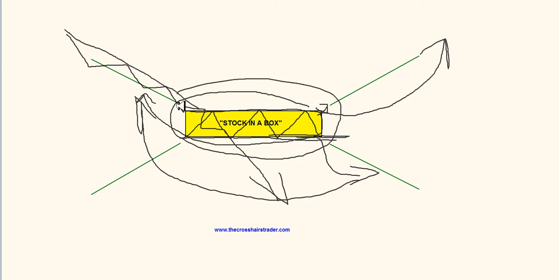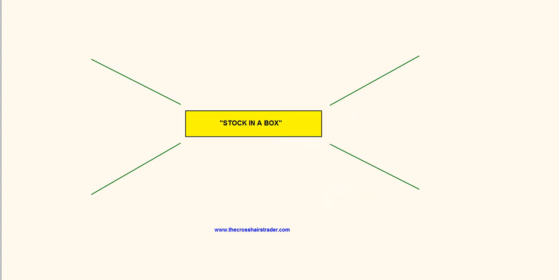So this box is very important when it comes to determining continuation of trends and reversals of trends.